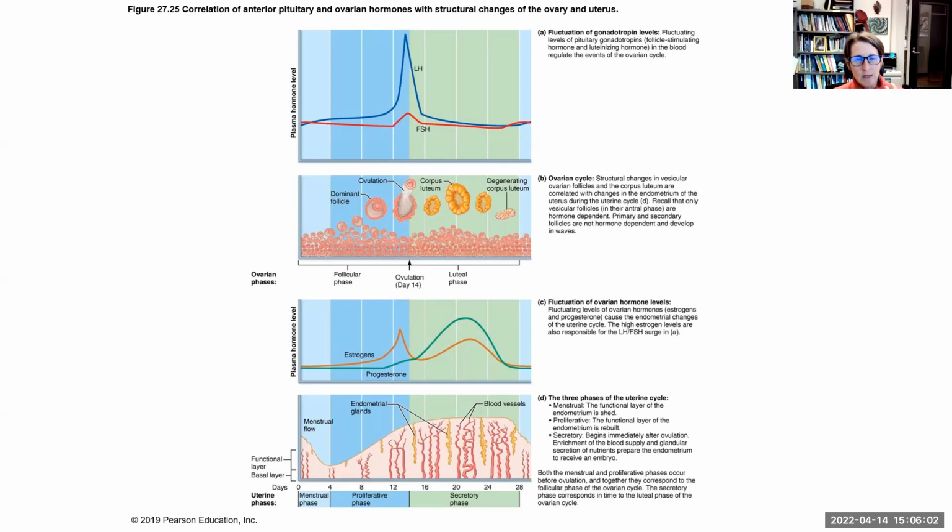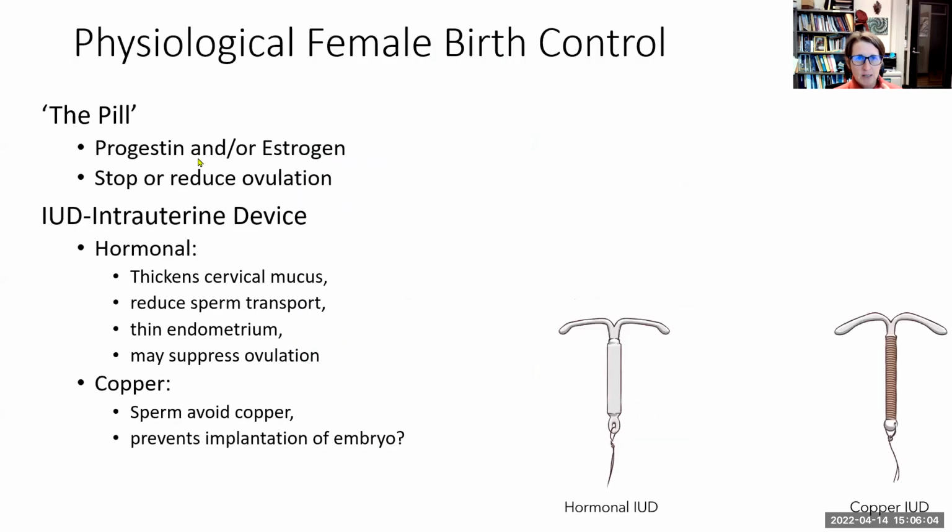Some pills only have progestin, and progestin is a synthetically made version of progesterone. Those pills might reduce ovulation, but one of the primary ways they work is that in the cervix, the body makes really thick mucus. It's called the cervical plug or the mucus plug. And that serves as a physical barrier for the sperm.